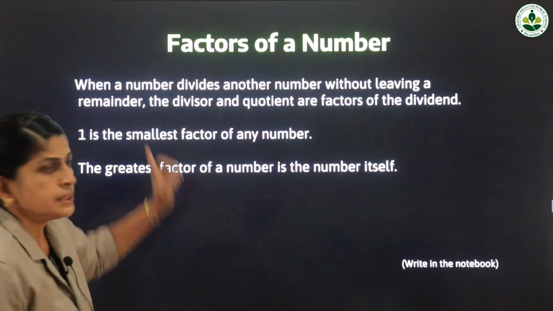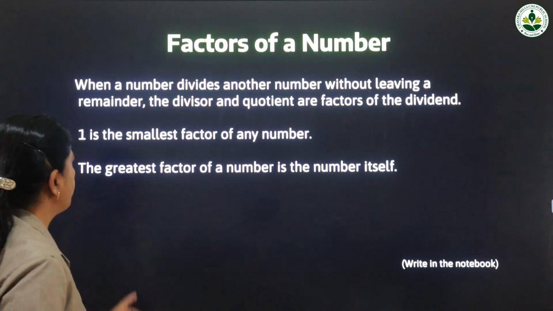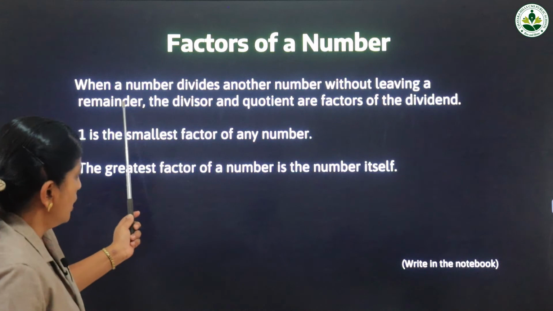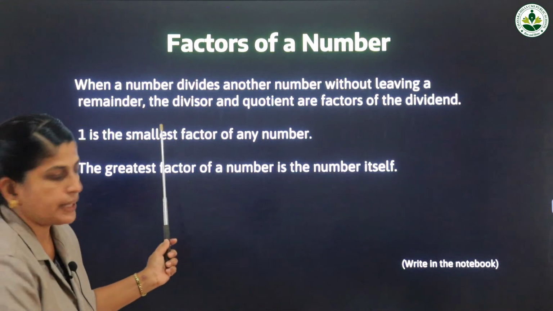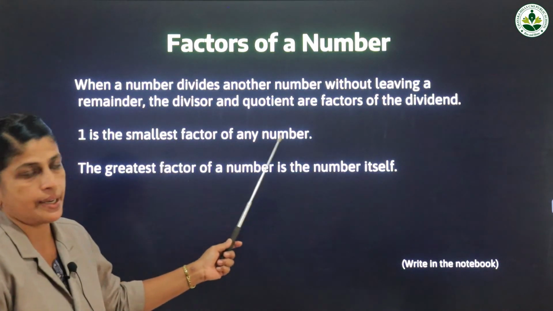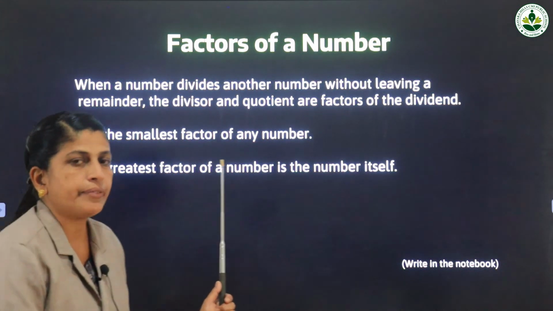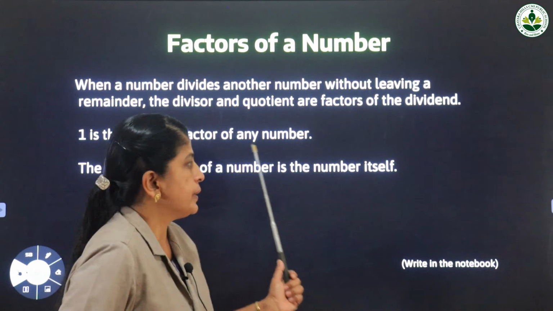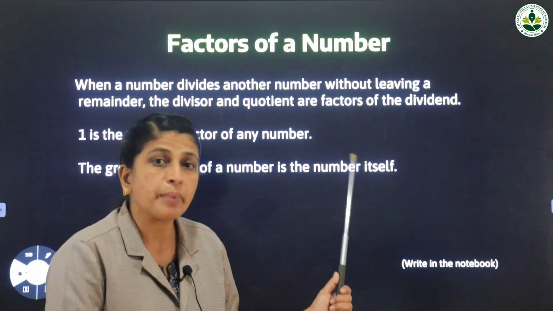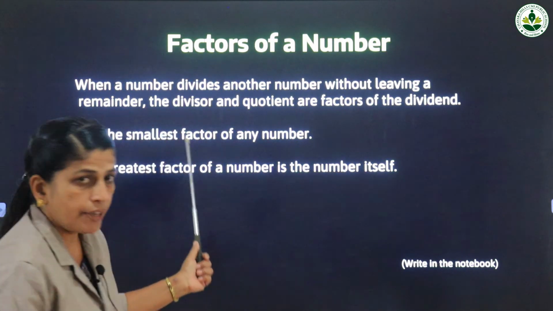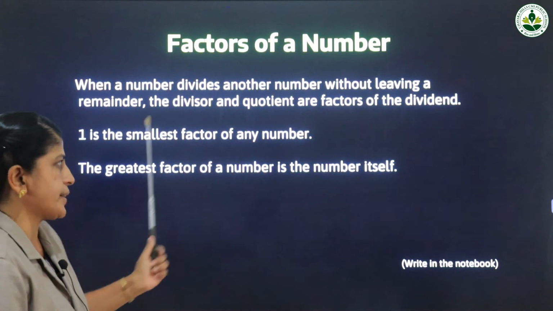Therefore, factors of a number. When a number divides another number without leaving a remainder, the divisor and the quotient are the factors of the dividend. Therefore, factor means when we divide a number by another number without leaving a remainder, and if the remainder is 0, then the divisor and quotient are the factors.